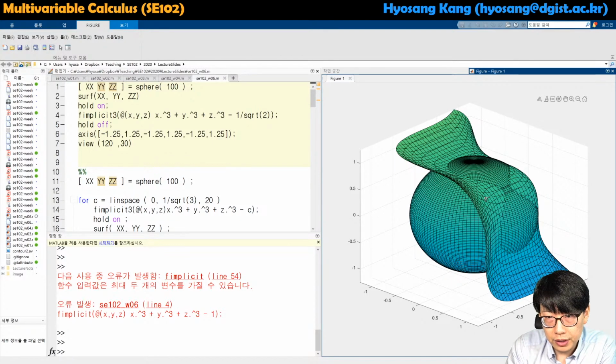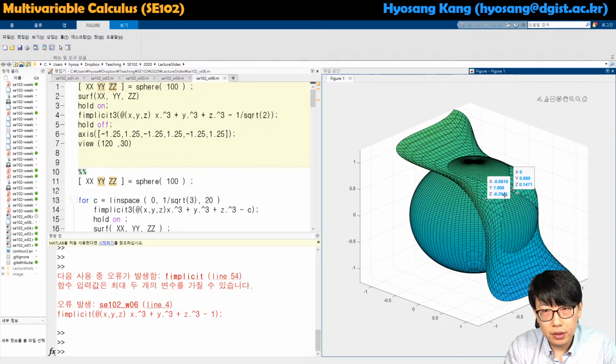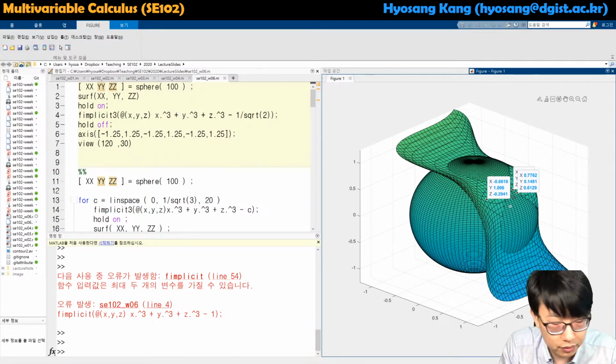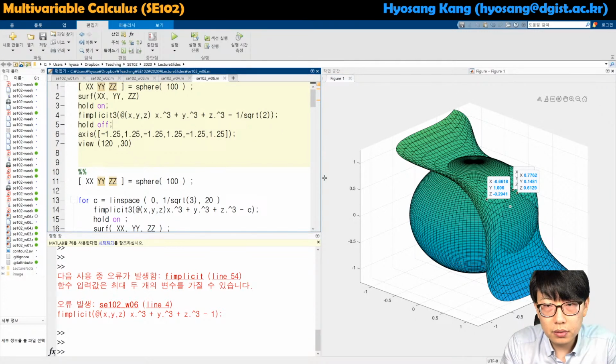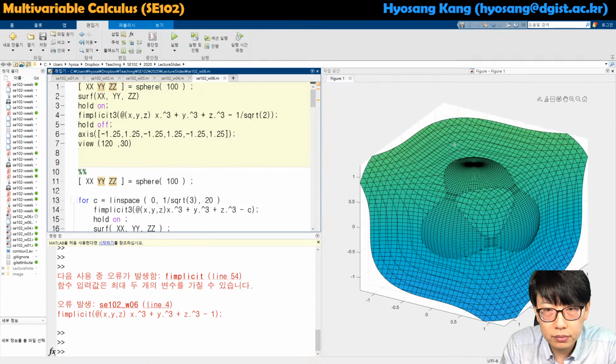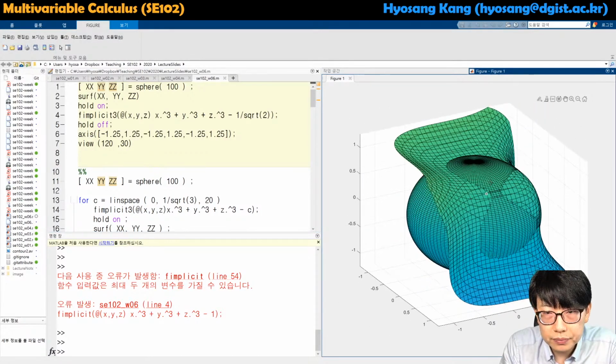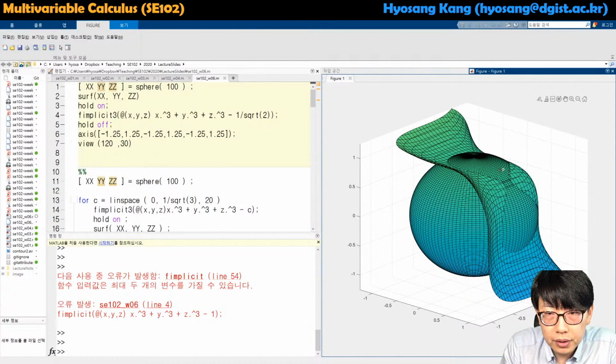If I move in this direction, to this point, it has already passed the touching, already passed the intersection with this level surface. So at this point on the sphere, the value of function is smaller than at this touching point here. How about if I pick a point above this point?